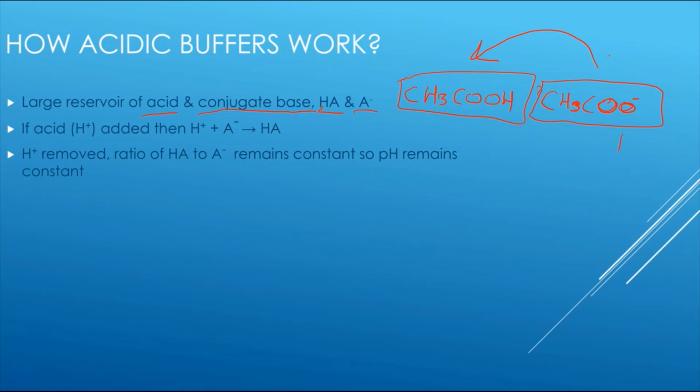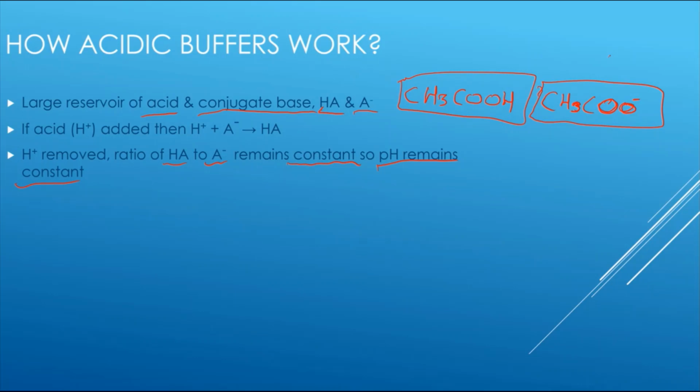And when we're talking about it, what we say is that the ratio of HA to A minus remains constant. I'm using the word constant, not the word same here. And if this remains constant, this means the pH remains constant. This will become more clear when we go through a few examples.